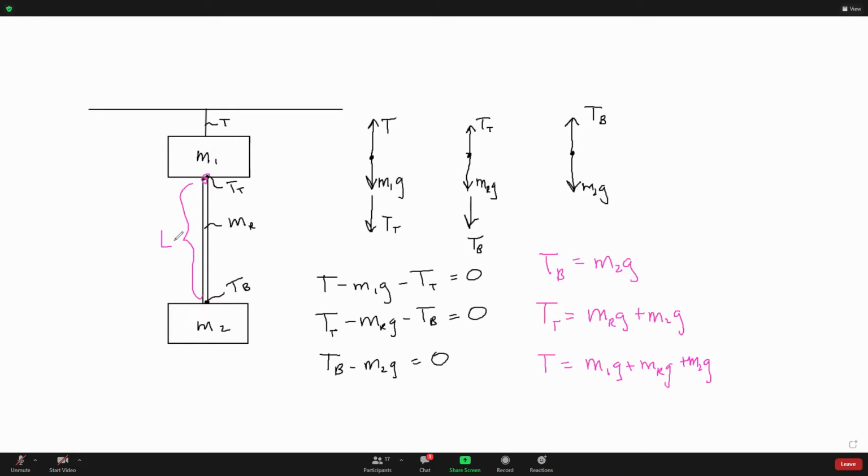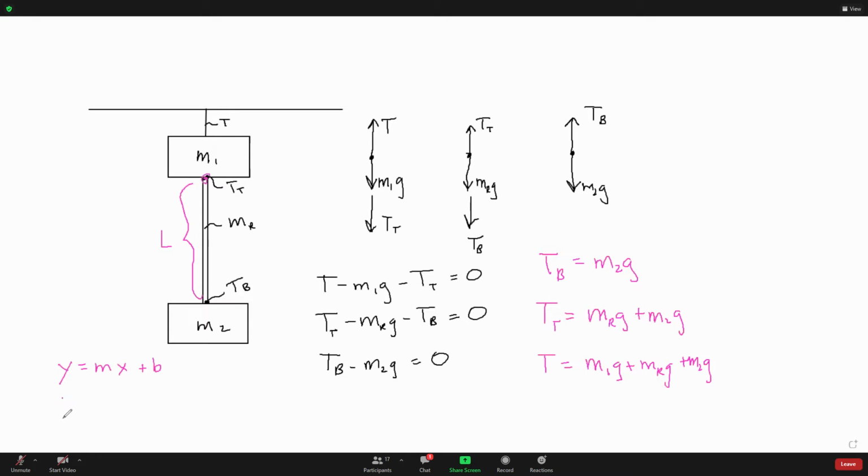Well, the tension is going to vary linearly. It's going to be 0. I'm sorry, not 0. It's going to be M2G at the bottom, and it's going to be T at the top at the top. So how would I write that linear relation? Well, here, let's write down y equals mx plus b.